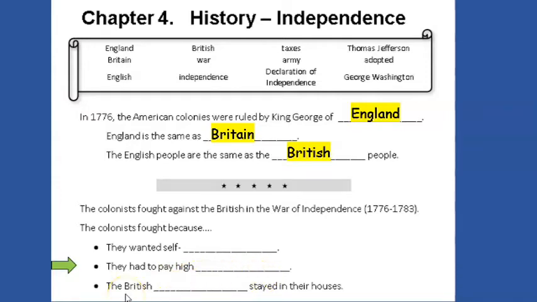The British army stayed in their houses. Say that sentence. Pause the video and write government for self-government, taxes, high taxes, and army.